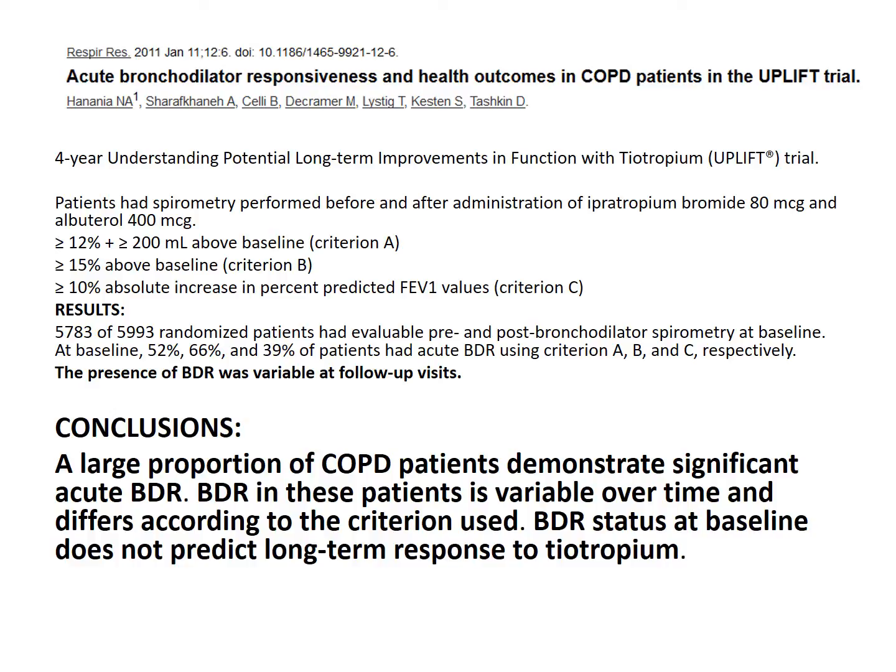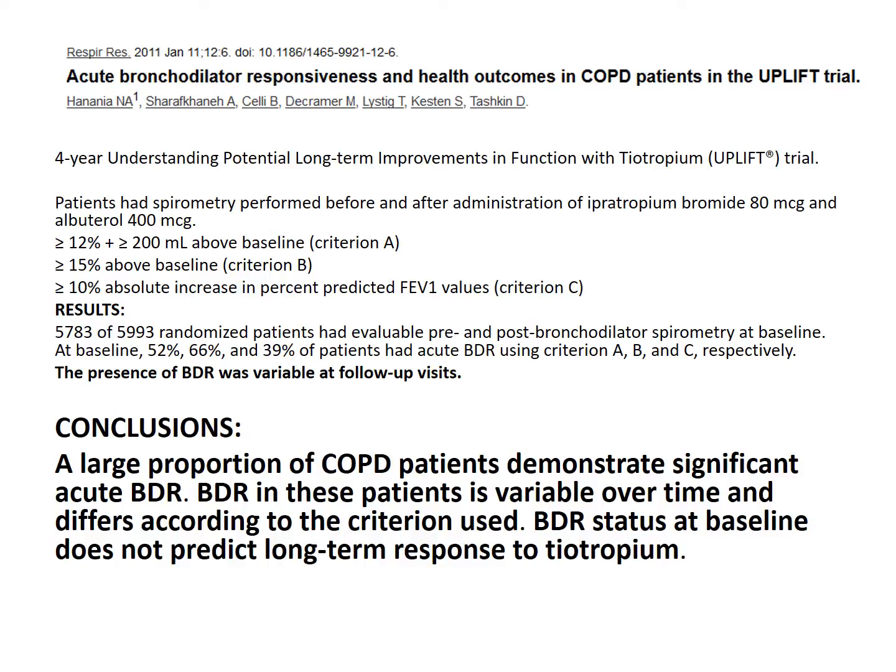And their conclusion, comparing those three different criteria and the repeatability of the bronchodilator response in the individuals, was that the presence of bronchodilator response was variable at follow-up visits, very similar to what we've just seen. A large proportion of the COPD patients demonstrated significant acute bronchodilator response.